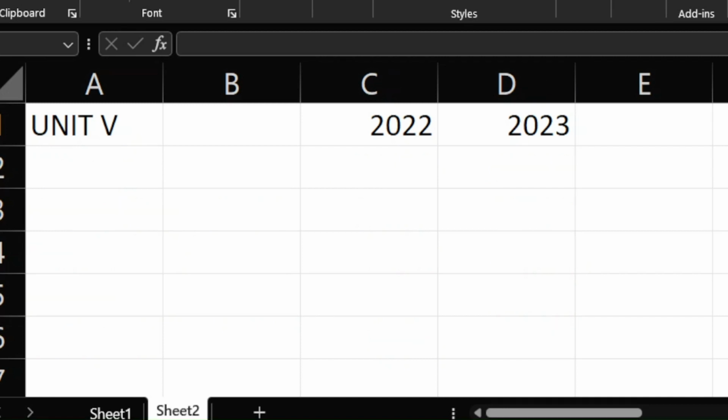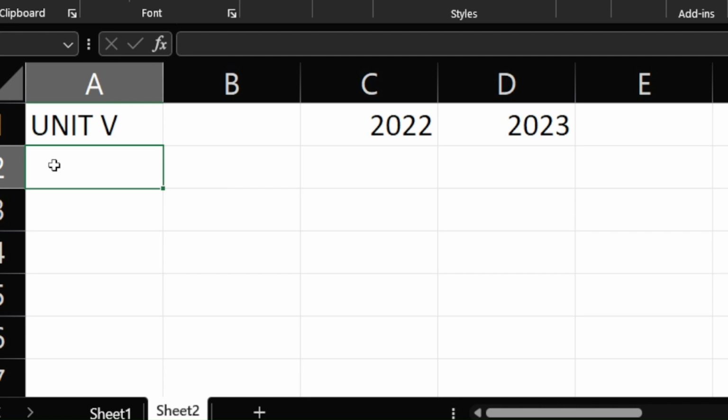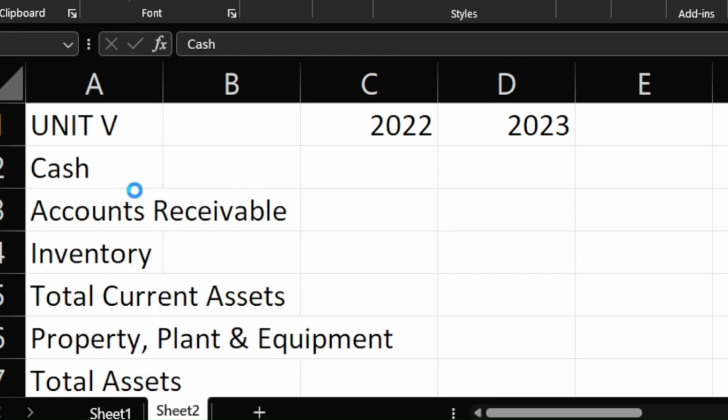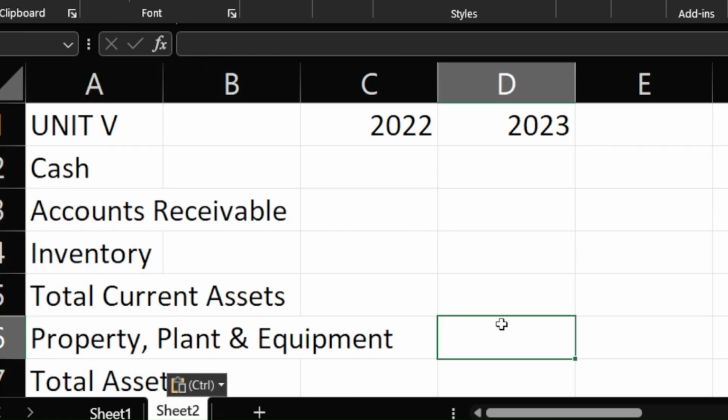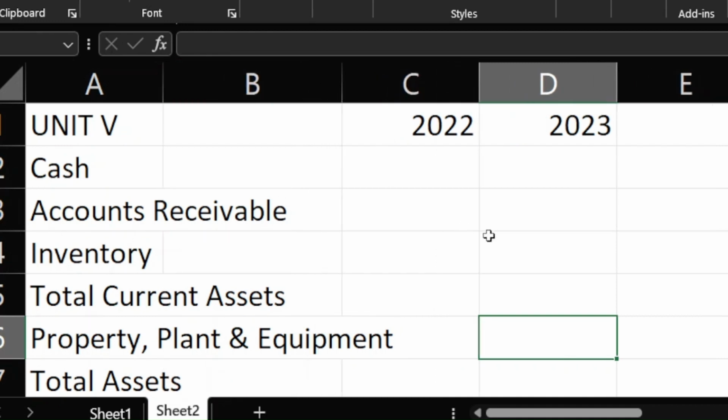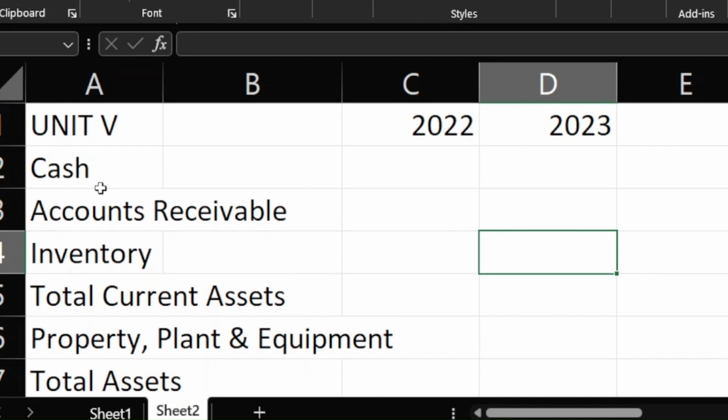Now we will see various items that are in the balance sheet and what is the relation between these items. Major, when we see it in the balance sheet, asset side, we more often look at cash, accounts receivable, that means debtors, and inventories, that means stock in trade.